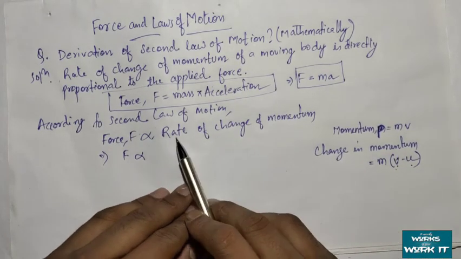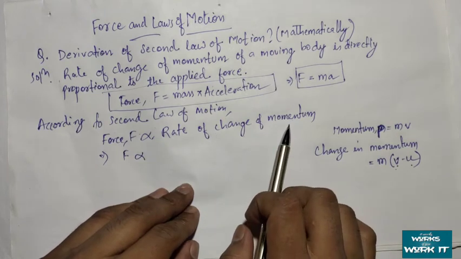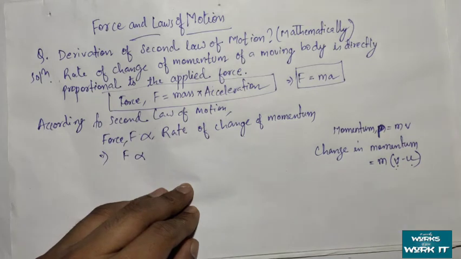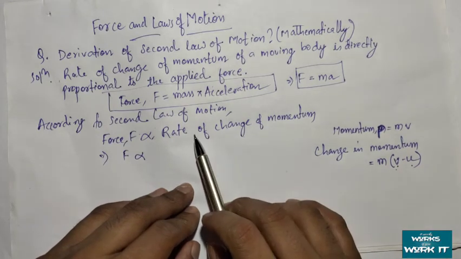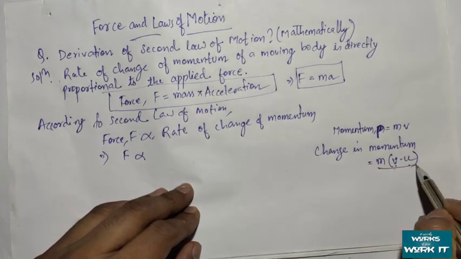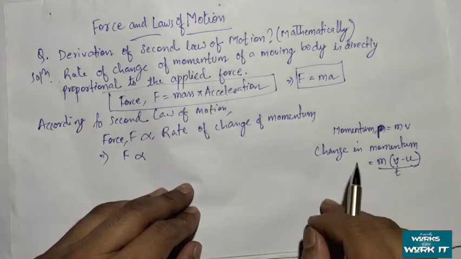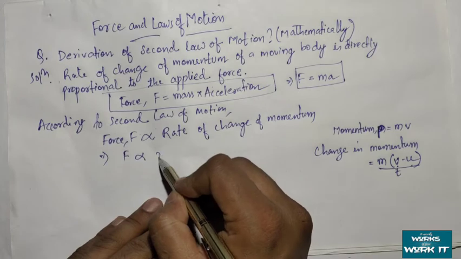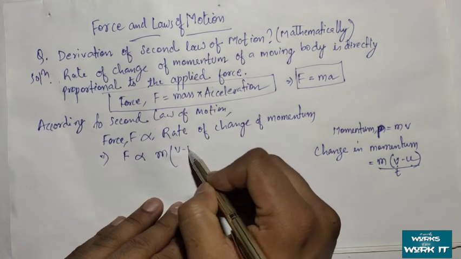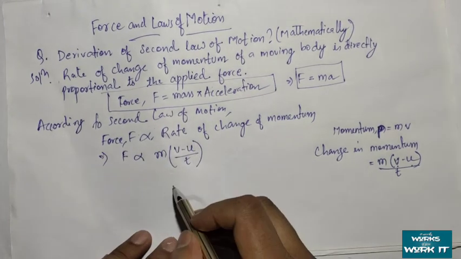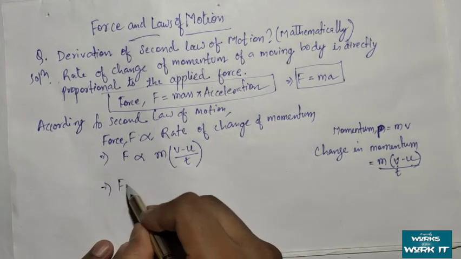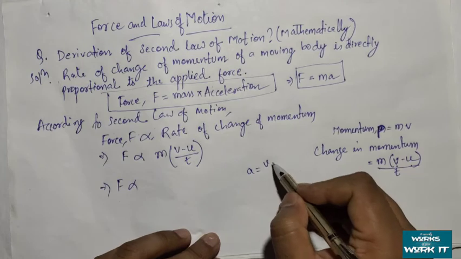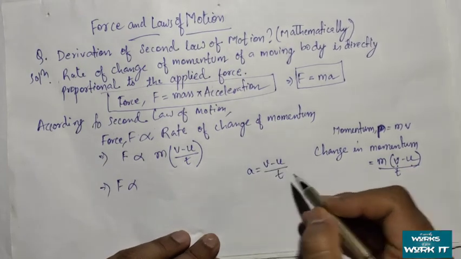So here rate of change of momentum has come. Rate of change of momentum means the change of momentum taking place with respect to time, so we can use here divided by time, and we already have the formula m into v minus u by t. If you remember the formula for acceleration, it was v minus u by t.